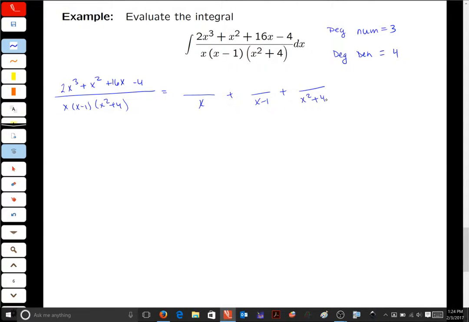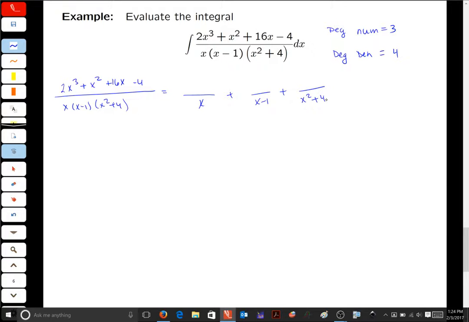Notice that I don't have any higher degree fractions for the x squared plus 4 because there is no power outside. So I only need one fraction for it. If I had a power of 2, I would need 2 fractions. If I have a power of 3, I need 3 fractions. But there's no power on the outside. So those are the fractions that I need.